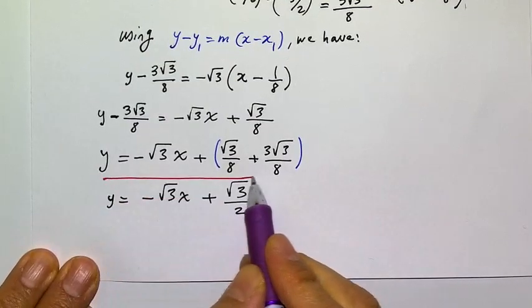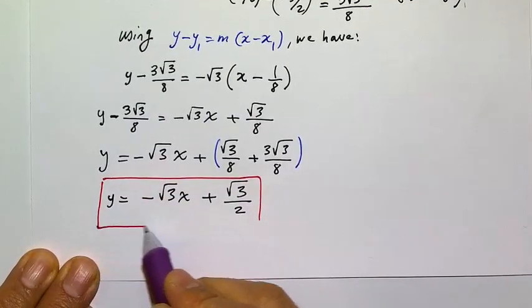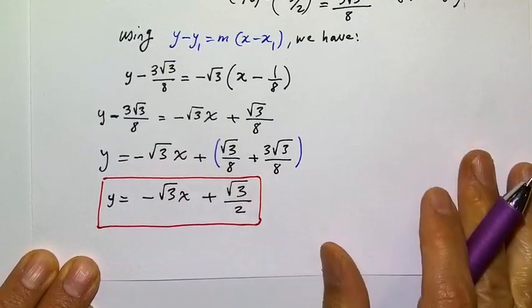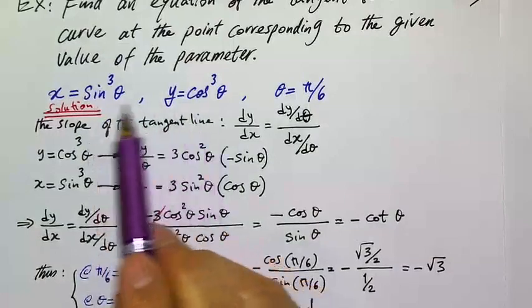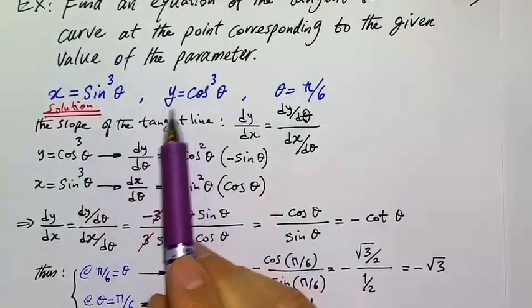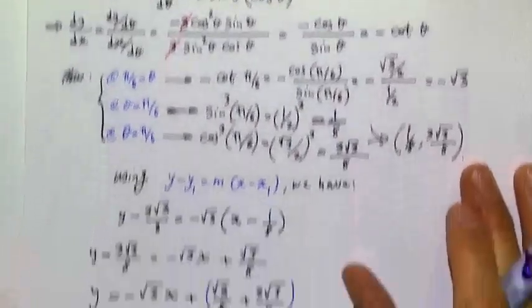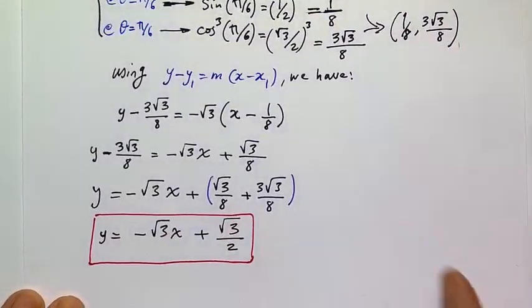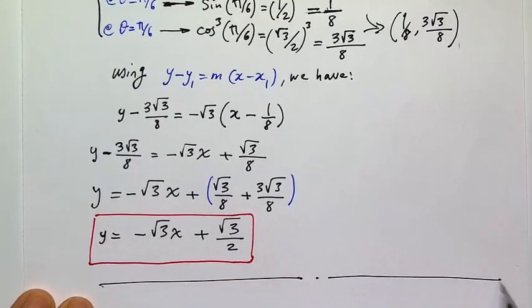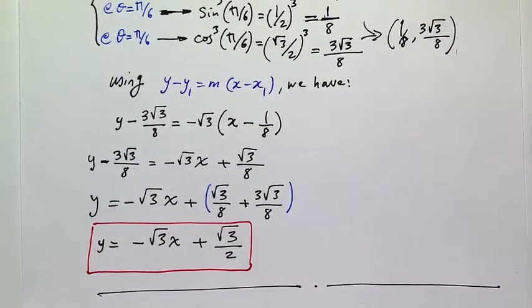Okay, so here we have the equation of the tangent line in a case where the information was given to us in terms of parametric equations. So let's see another example.